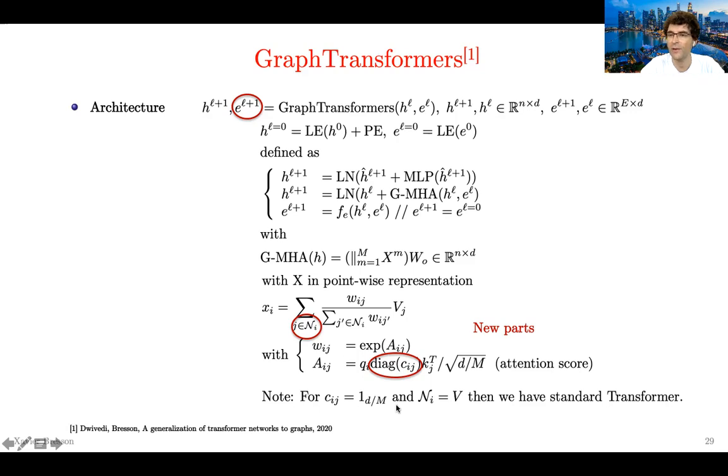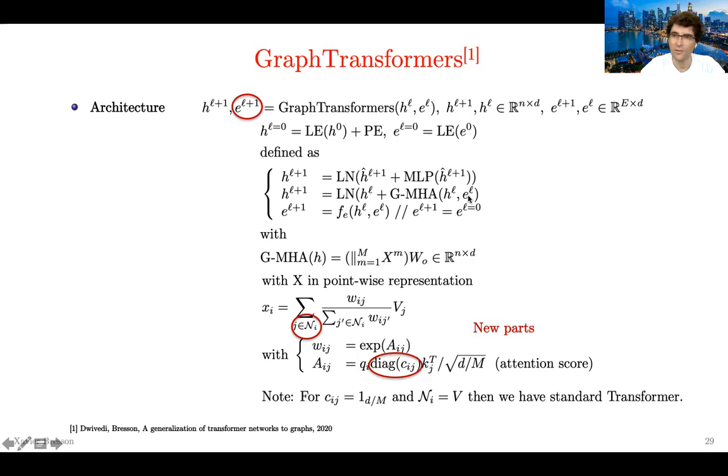Basically, we want the GraphTransformer to reduce to the standard transformer under some conditions. So for GraphTransformer, we need the edge representation.